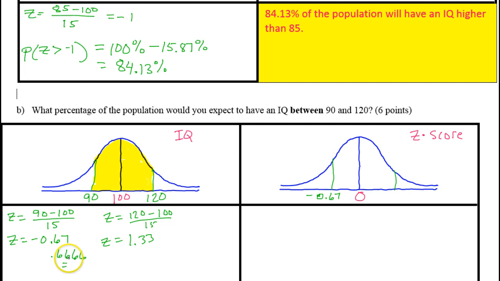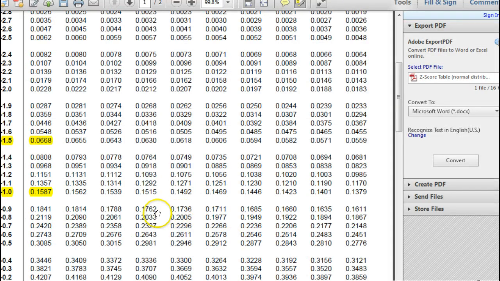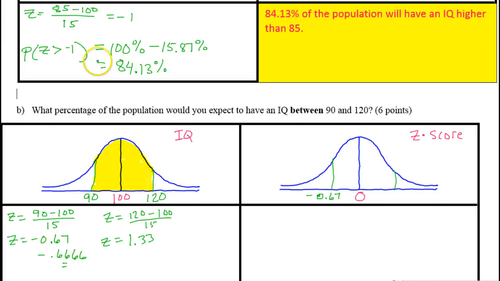Notice how I had to round this up to negative 0.67. Z-scores, you're always going to stop them at 2 decimal places, not 3 decimal places, not 1 decimal place. Z-scores will always be 2 decimal places in order to use the chart. This chart is set up for 2 decimal places. And round properly, or else you'll be in the wrong column of the chart.